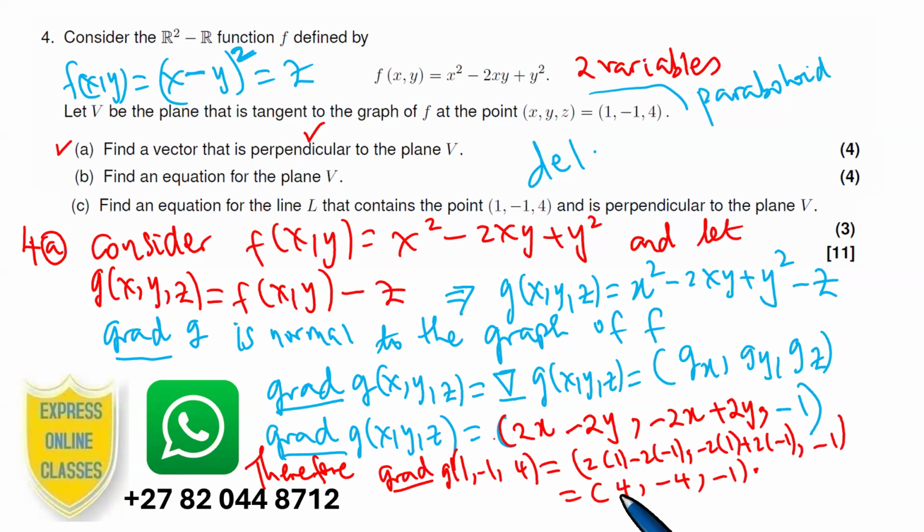So the gradient of a function produces a vector that is perpendicular to the plane that is tangent to the graph. Now this paraboloid is a paraboloid with a minimum vertex like this. If it's a paraboloid of minimum vertex this way, you can draw a tangent plane to it, like this.